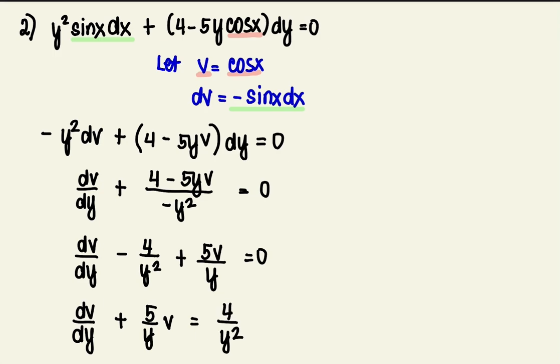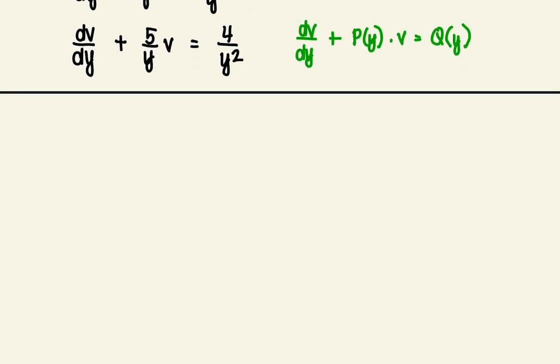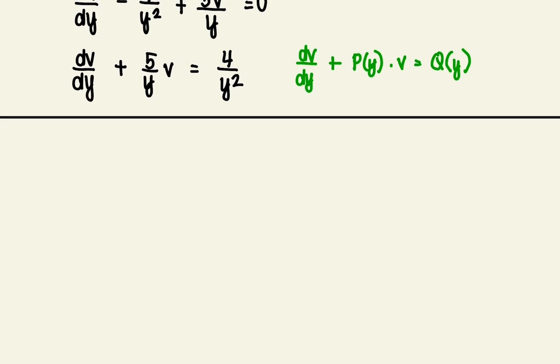So it follows the pattern dv/dy plus p of y v equals q of y, and therefore it is a linear DE. And so for the linear DE, we recall that we only have to identify which one is our p of y and which is our q of y.